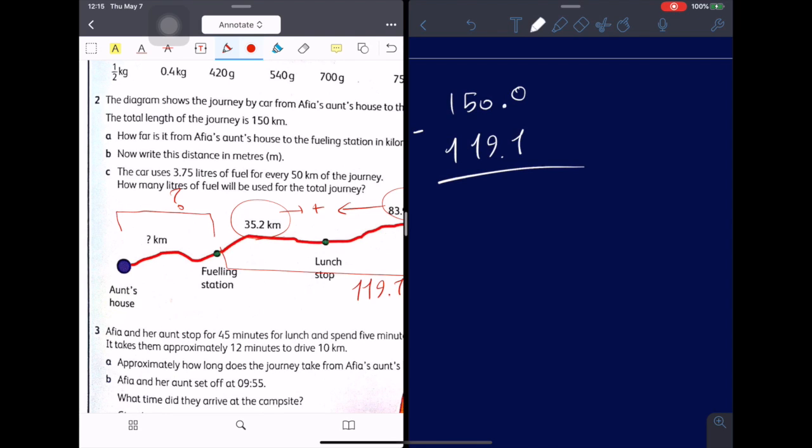Ask for help. The other one is 0 also. Jump to the other one. It's 5. It'll be 4. This is going to be 9 and 10. 10 minus 1, 9. Point comes down. 9 minus 9, 0. 4 minus 1 is going to make 3. And 1 and 1, 0. So the distance from aunt's house to the fueling station is 30.9 kilometers. So this part is going to be 30.9 kilometers.